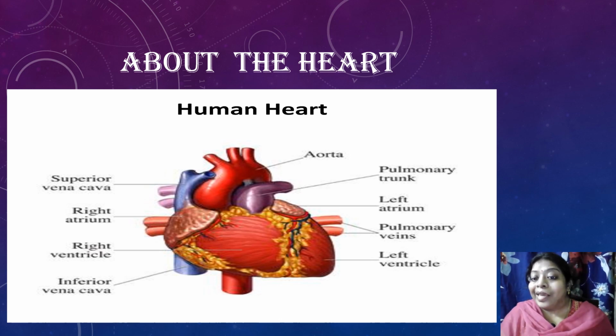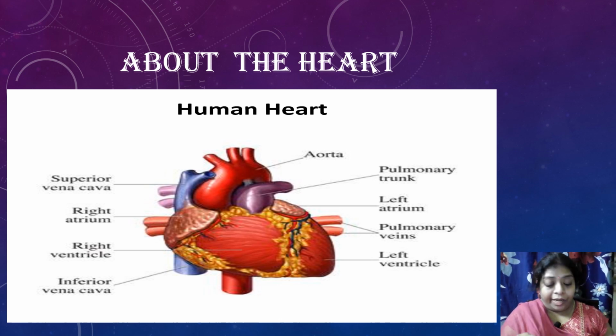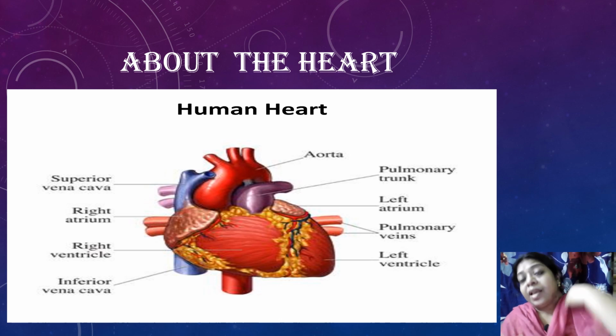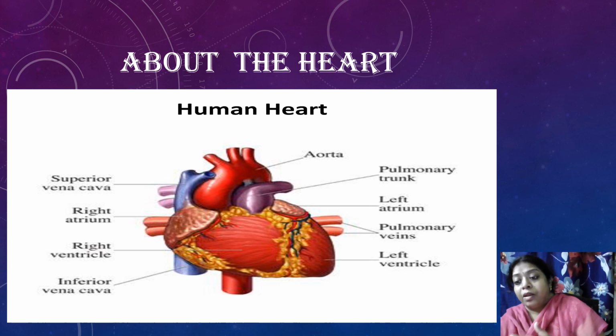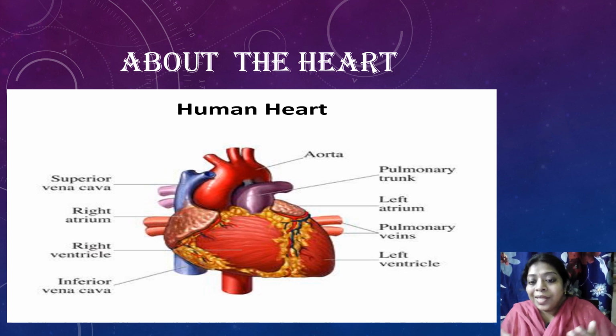Supposing there is no oxygen, what will happen? The cells cannot break down the food to produce the ATPs. What are ATPs? ATPs are nothing but adenosine triphosphate molecules. If the cells cannot produce ATP, cellular energy cannot be produced.